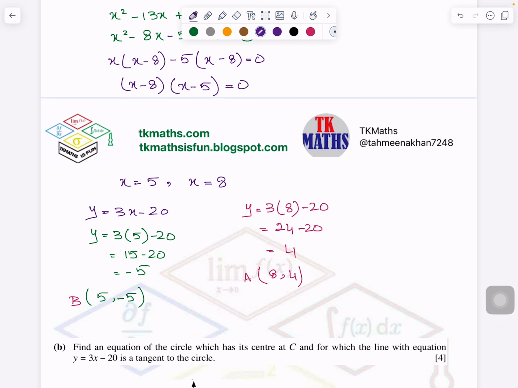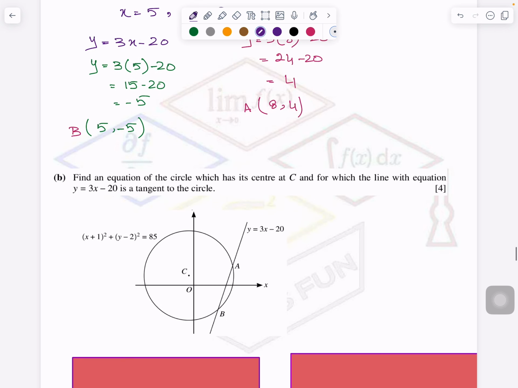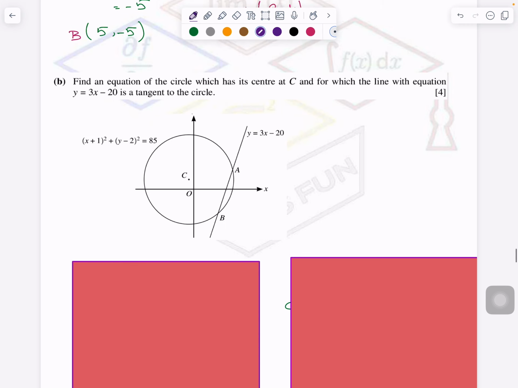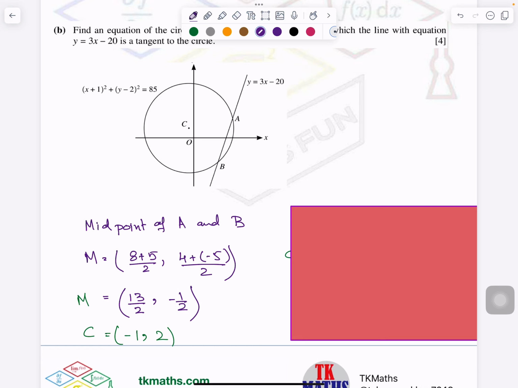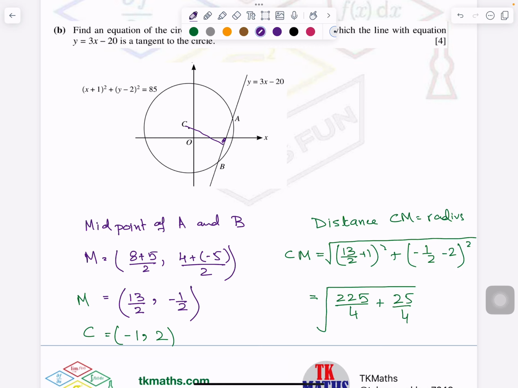Now this part of the question, which I have just discussed with you, I told you we will first find the midpoint of AB. The reason I have already explained to you. After that, once you know the midpoint, now you can find the radius. I have done this here for you.